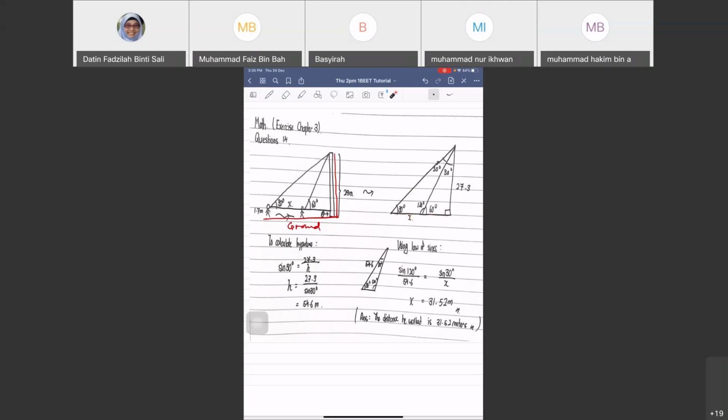Let me just check what your friend did. Sine 30, 27.3 over h. Oh, so your friend found this. Okay, so then only using law of sine, you are looking at just this triangle. So you just find this.